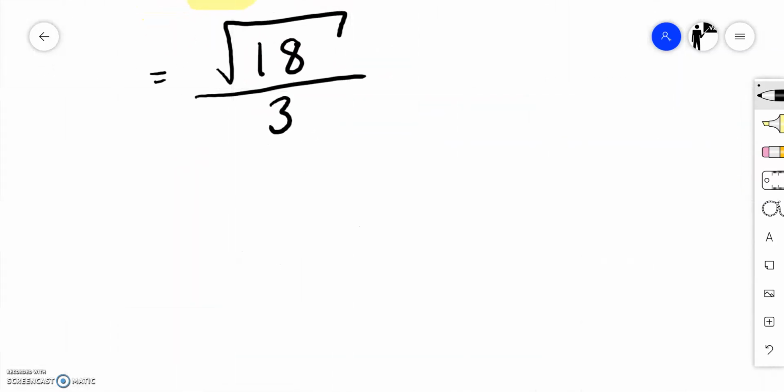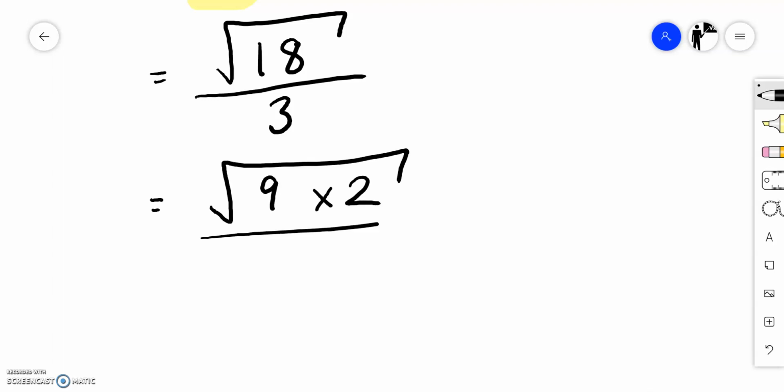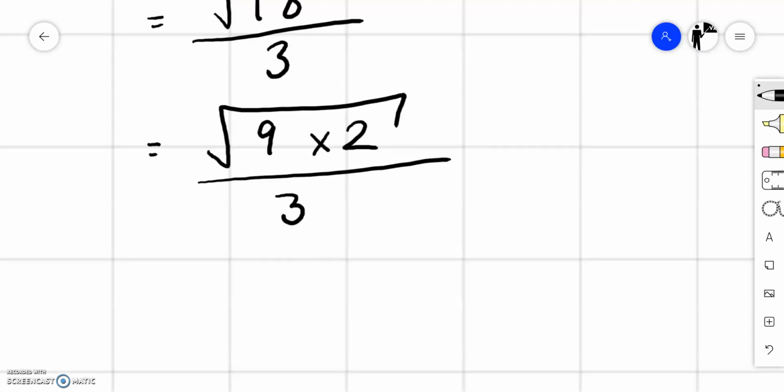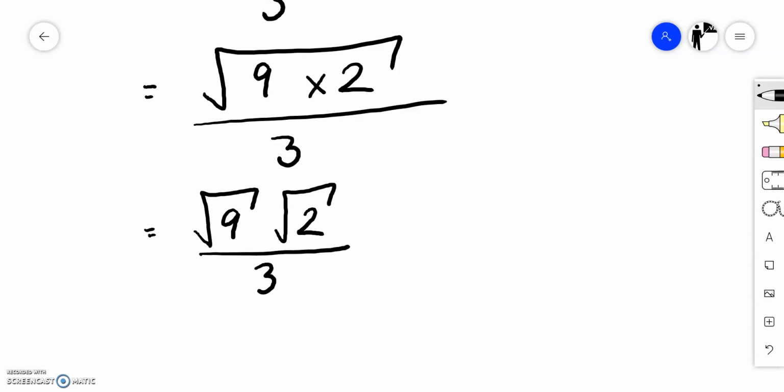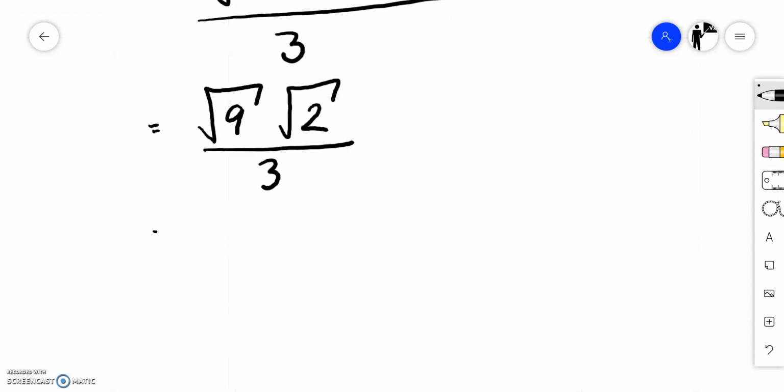But when you work with surds, you always need to check, can I simplify them? Is there a square number that goes into root 18? Or is there a square number that goes into 18? Yeah, 9. That's 9 times 2 over 3. That's the square root of 9 times the square root of 2 over 3. Square root of 9 is 3. 3 root 2 over 3.